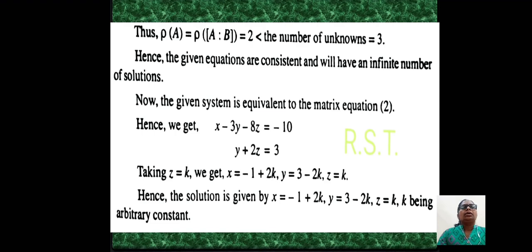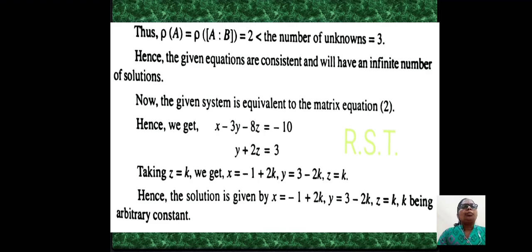Thus rank of A equal to rank of [A : B] equal to 2 is less than the number of unknowns, which is 3. Here the number of unknowns is 3, x, y, z, and the rank is 2. 2 is less than 3. Hence the given system of equations is consistent and will have an infinite number of solutions. That means if r is less than n, there are infinite solutions.